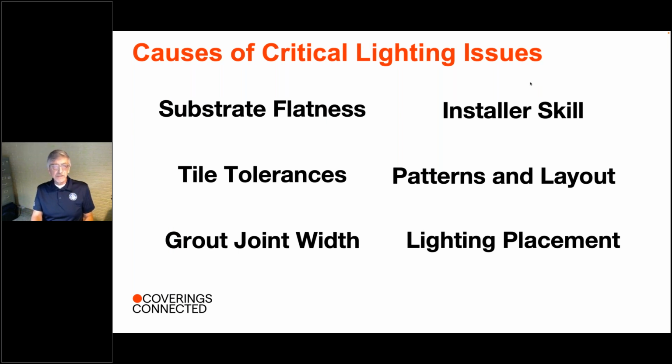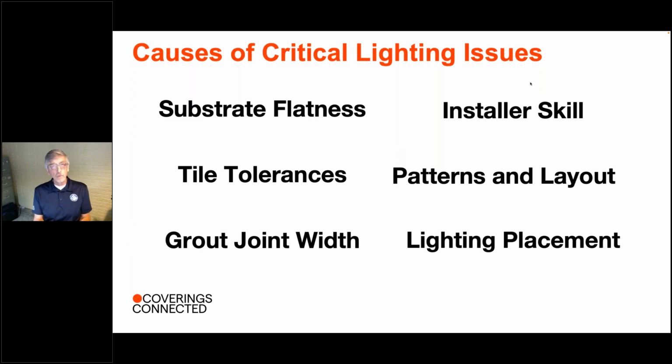I've listed here what I feel are the 6 primary causes of issues with critical lighting. I've already mentioned it a bunch of times, substrate flatness, which is key. Substrate flatness must be in tolerance based on the tile industry standards. Tile tolerances themselves, found in ANSI A137.1, I'll talk about those briefly.